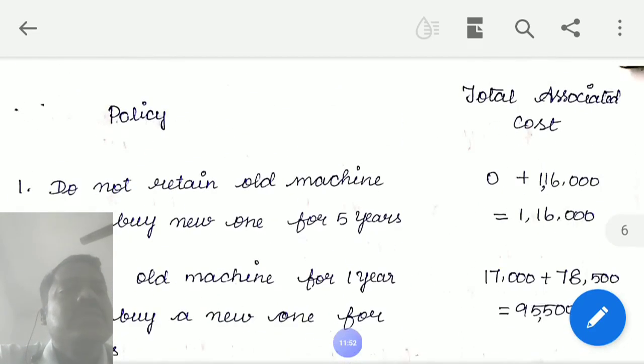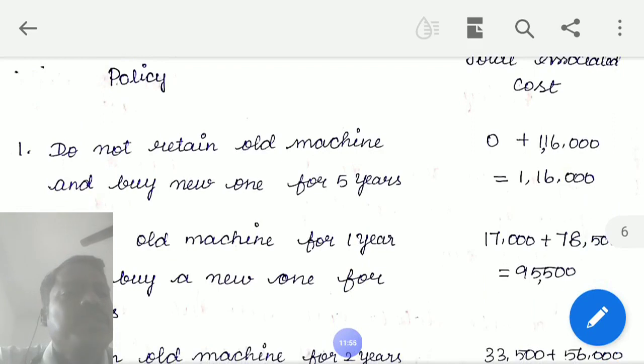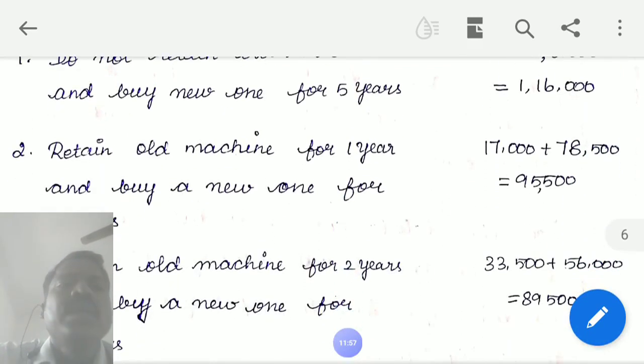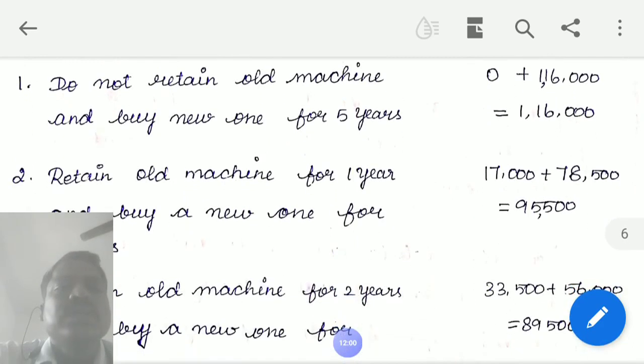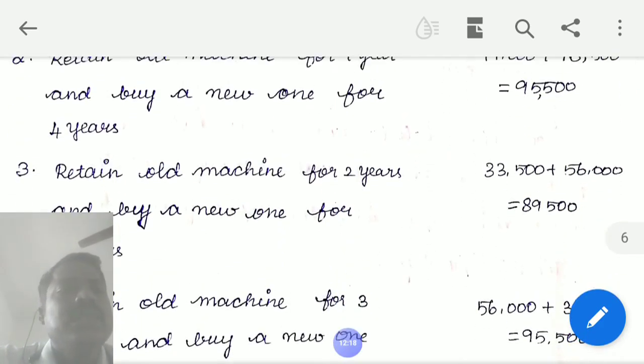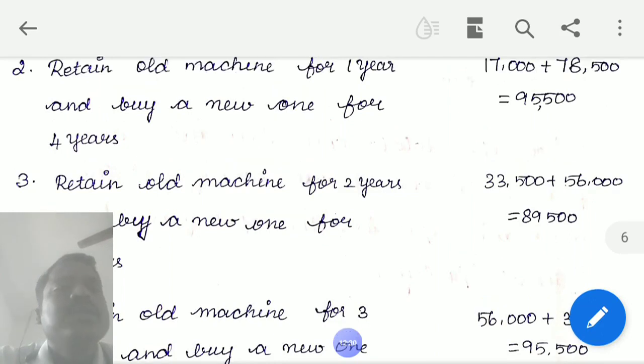The total associated cost of first policy is 1,16,000. The total associated cost of second policy is 95,500. Therefore, 95,500 is less than 1,16,000. Therefore, the total associated cost of policy 2 is less than that of policy 1. Then the total associated cost of policy 3 is 89,500, which is less than policy 2 and policy 1.